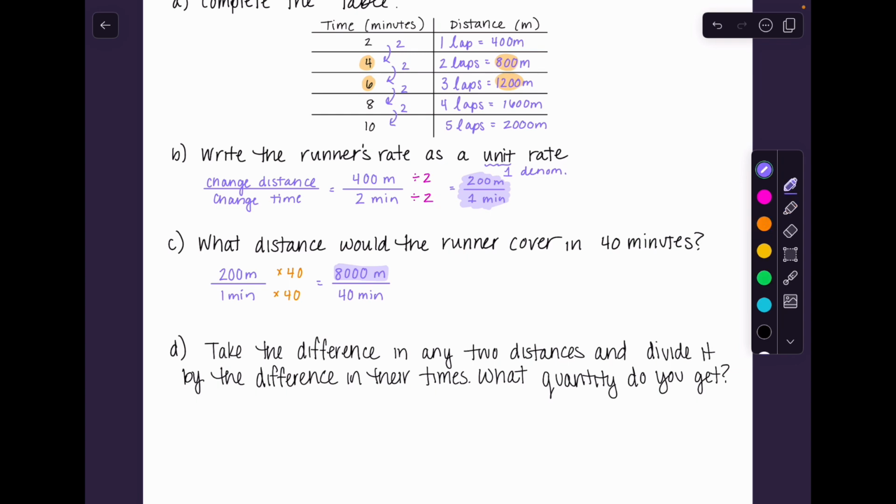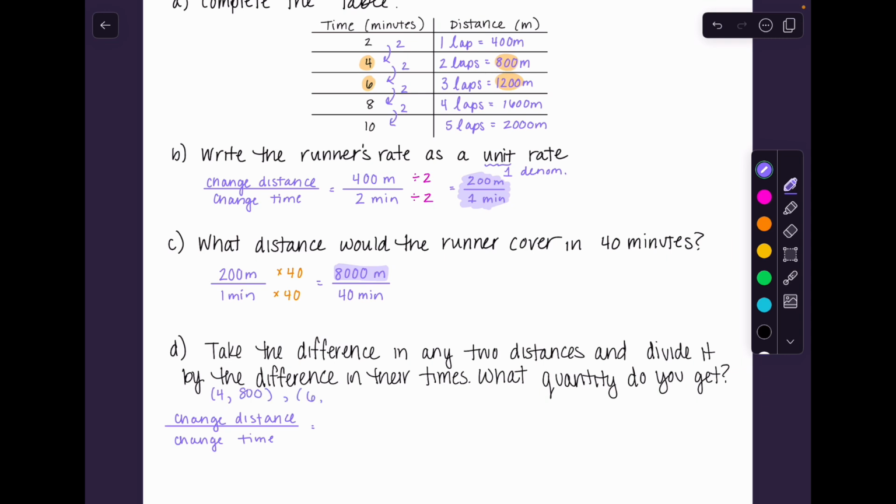So I'm going to look at the change in the distance divided by the change in the time. Okay. And the piece of information that I'm using is we've gone for 4 minutes, we'll go 800 meters.